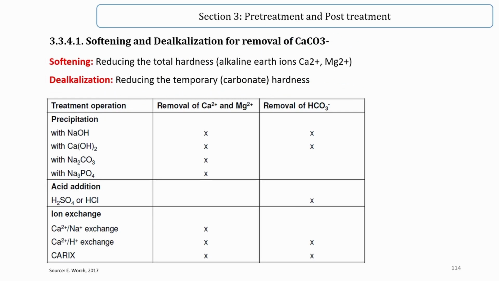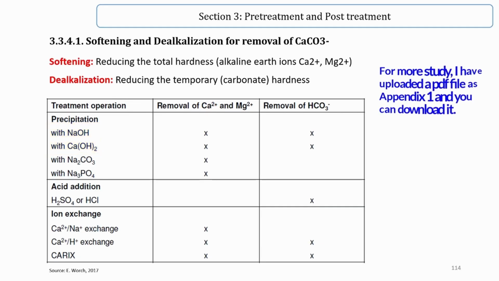As you can see in this table, the most relevant processes as pretreatment, especially for reverse osmosis systems, include precipitation with sodium hydroxide and calcium hydroxide, acid addition, and ion exchange. In this lecture, I explain sodium hydroxide and calcium hydroxide, and for more study, I have uploaded a PDF file as Appendix 1, and you can download it from the website.